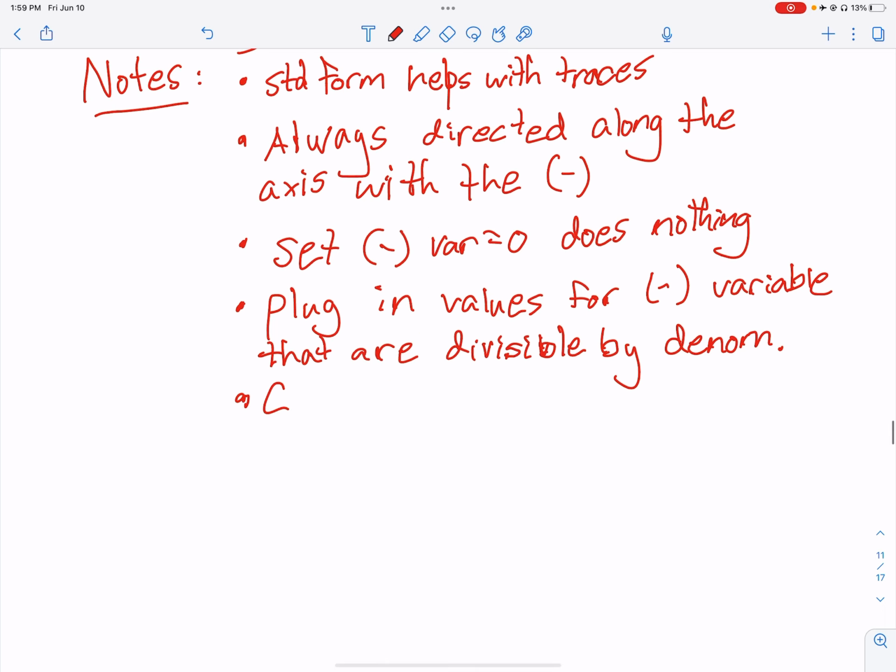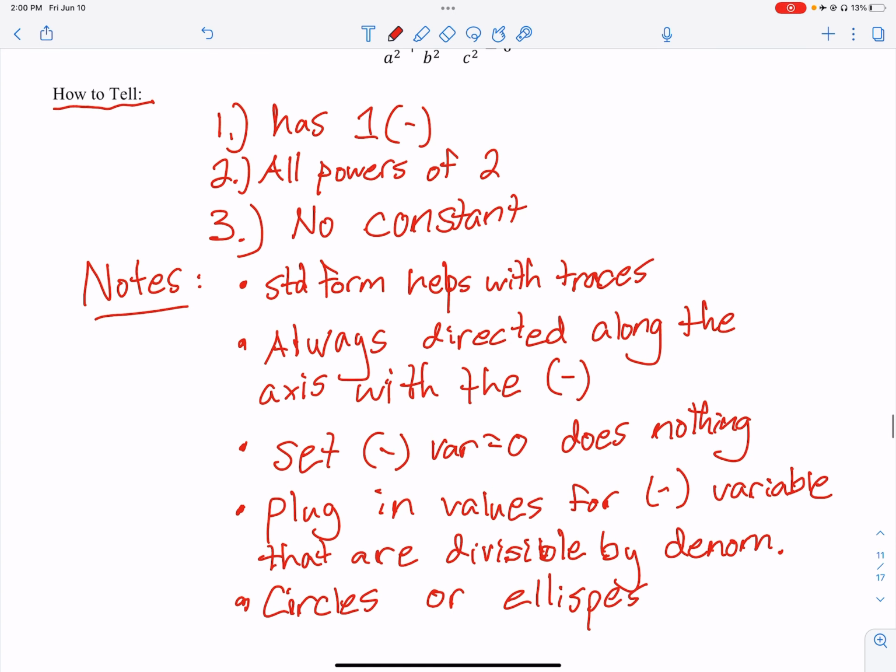When you do that, you'll get circles or ellipses. There's the information that will be useful to graph. Pause here if you need to write that down.